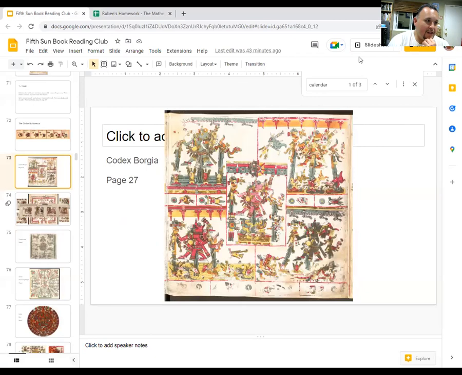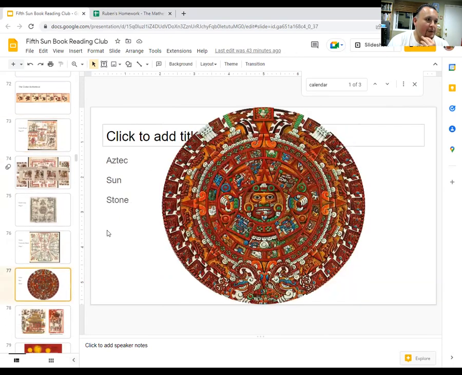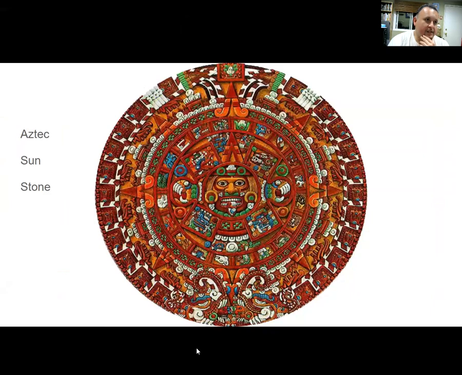And if you saw the previous calendar episode, I went through this in detail. Okay, but I'm just going to focus on those 4 signs. And so this is, of course, the famous Aztec sunstone.